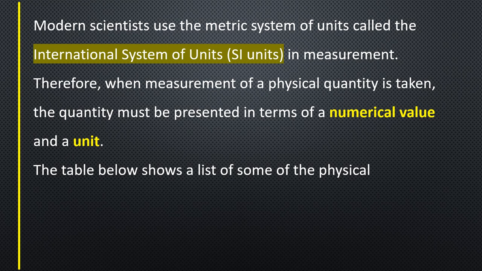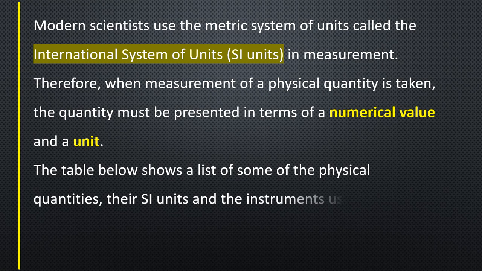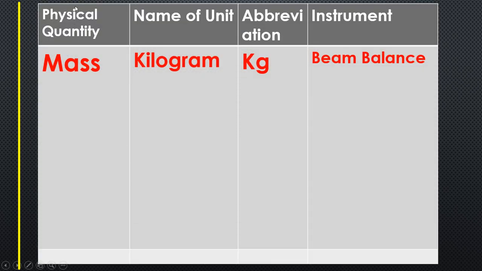Okay, now the table below shows a list of some of the physical quantities, their SI units, and the instruments used to measure them. Here in this table, we are going to look at the physical quantity, the name of the SI unit, the abbreviation, and the instrument. Let us start with mass.